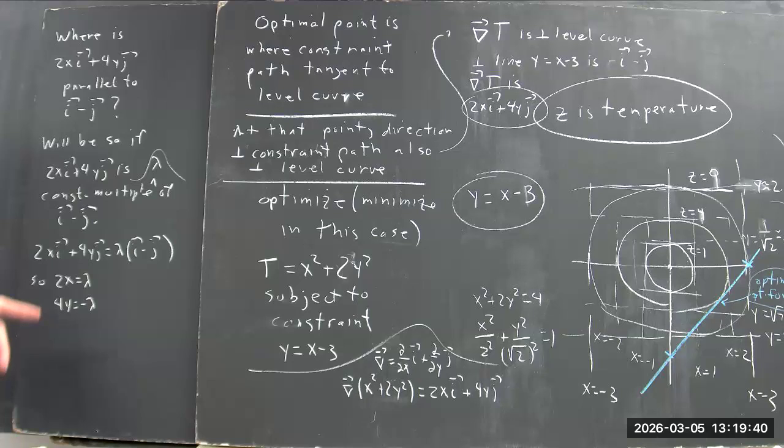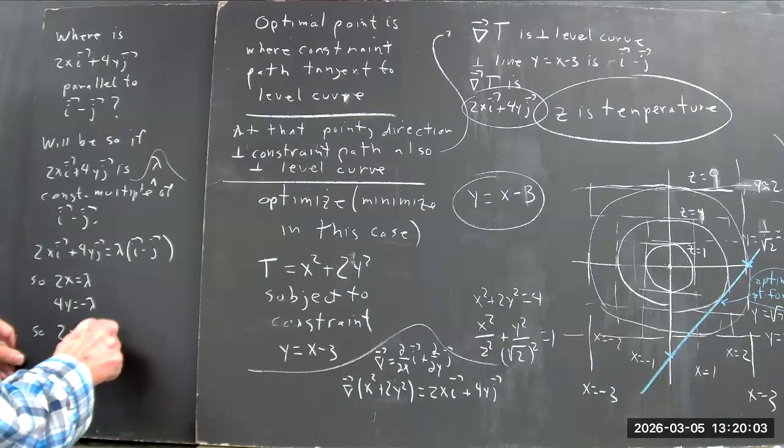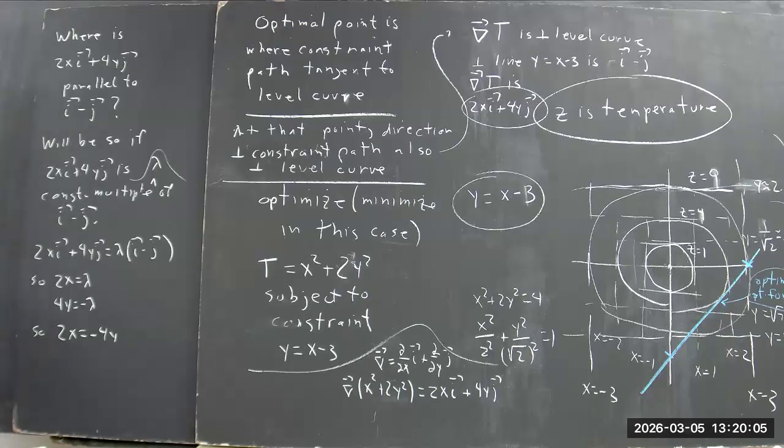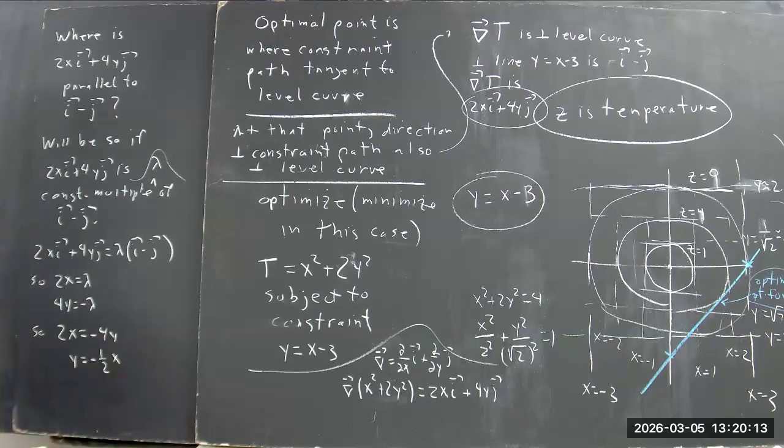Okay, there we have a simple equation that's very easy to solve now. You solve this for lambda. Well, actually, you can do this. 2x equals lambda, 4y equals negative lambda, right? So 2x equals negative 4y. y equals negative 1/2 x.